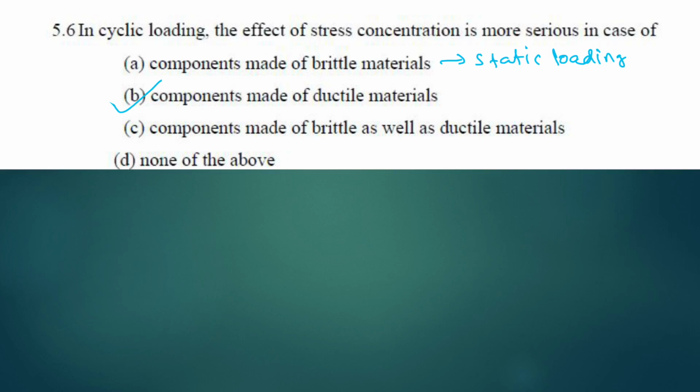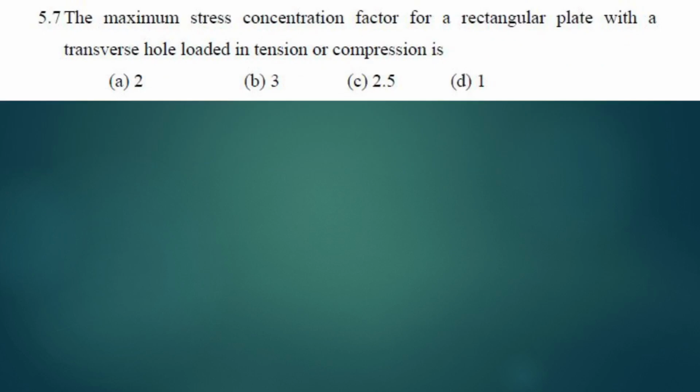The maximum stress concentration factor for a rectangular plate with a transverse hole loaded in tension or compression. One question asked in ISRO scientist also, a little bit twisted, but the answer will be the same.